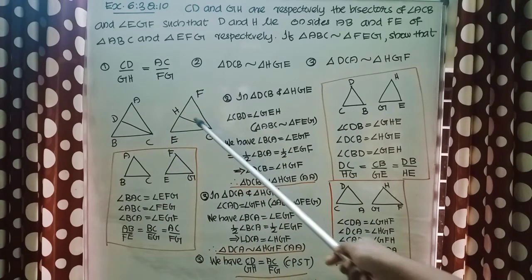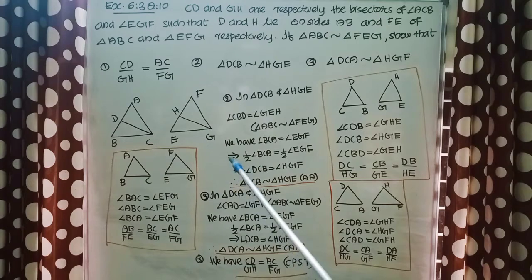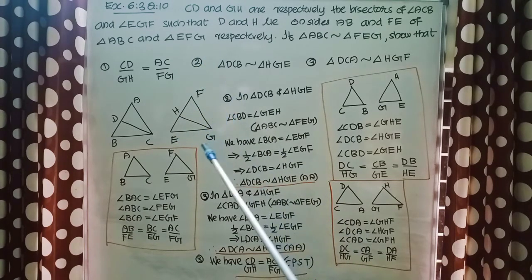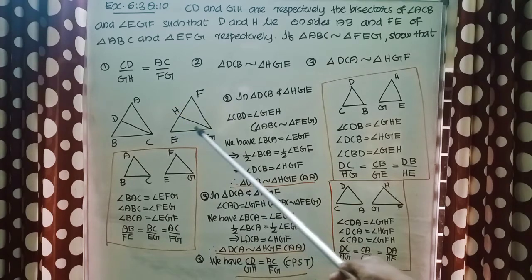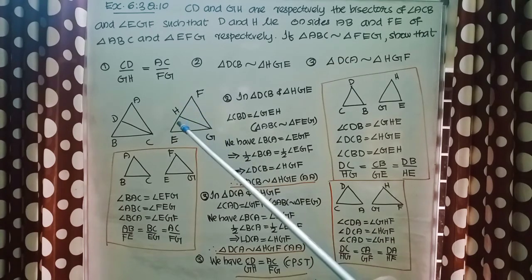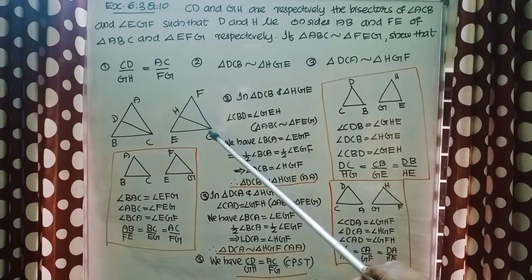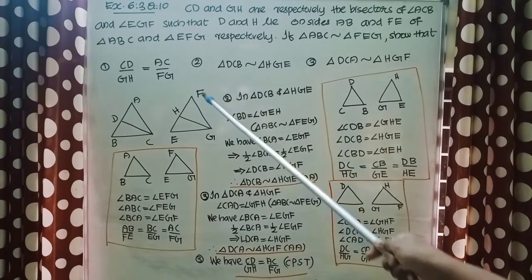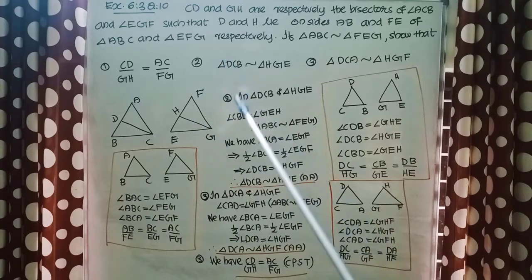Similarly, here GH is the bisector of this angle EGF. So this angle EGH and angle HGF both are half of this angle EGF.